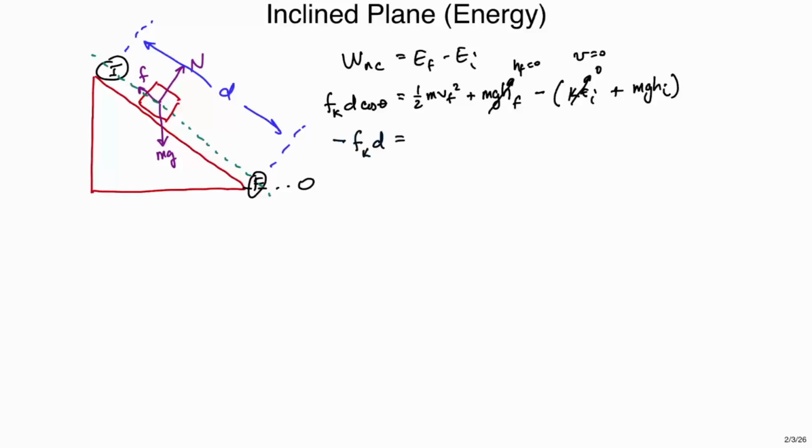Usually, I won't write down this F d cosine theta thing. It just bugs me. Usually what I write, because the non-conservative work is going to be almost always this friction, right? I said that wrong. When kinetic friction is involved, you will always write down minus force times distance.